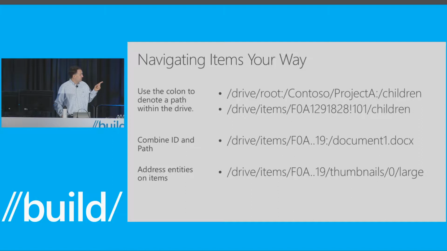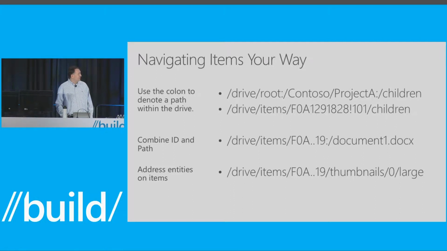And then we actually use the colon to transition back out to say, give me the children of that folder that I addressed. Or you can use just the IDs, so you can do /drive/items and then an ID number and children. So really, you can use either one, whichever one you favor, whichever one your application needs, whichever one makes the most sense to you, and everything works.